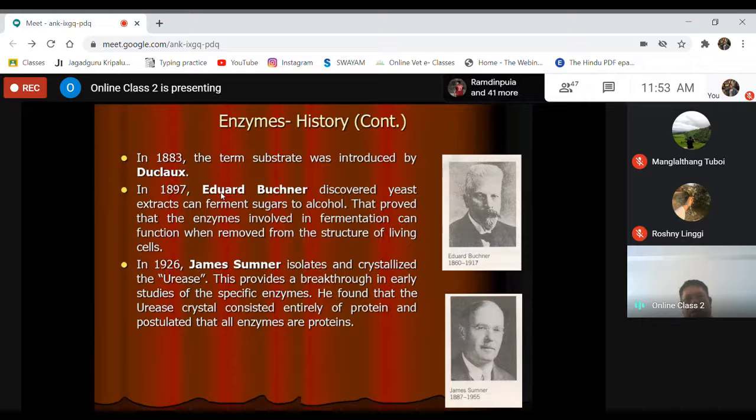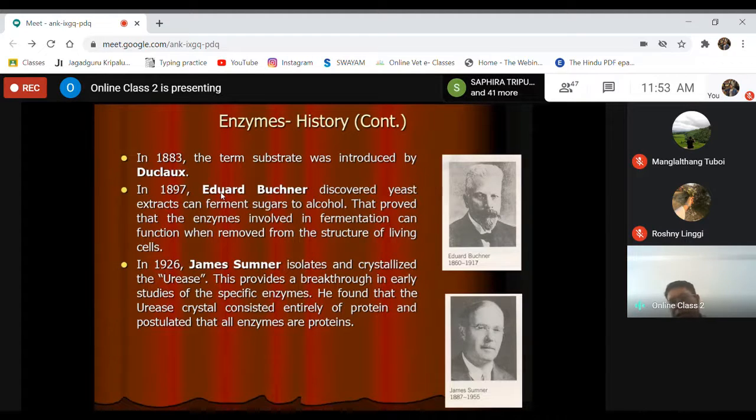When the yeast cells are broken and the soluble fraction, the liquid portion, is extracted from the cells, that extract can still cause the fermentation of sugar. That means the cell itself is not required to be present for fermentation.